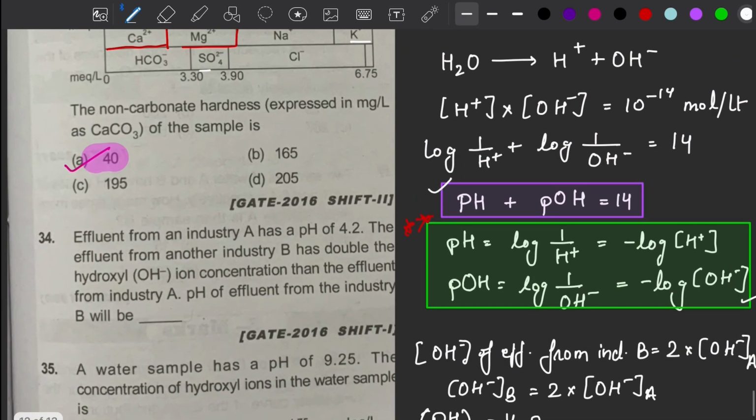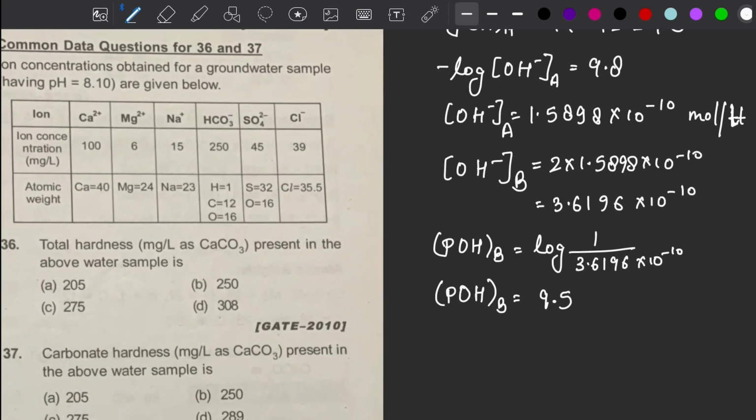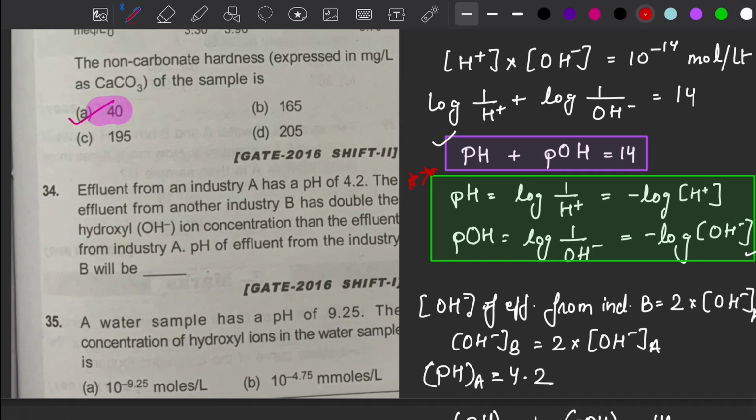And they are asking about the pH of effluent from industry B. Simple. Now we have pOH of B, so pH of B is nothing but 14 minus 9.5, that is 4.5. This is the answer, so I can simply put the answer as 4.5.